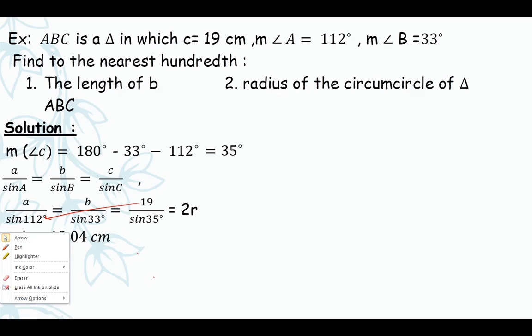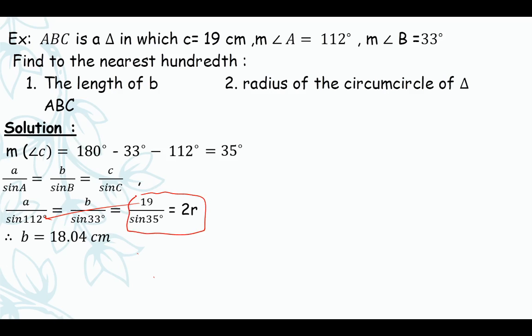And to get the length of the radius of the circumcircle, since 19 over sine 35 equals 2R, then the radius of the circumcircle equals 19 over sine 35, all divided by 2.